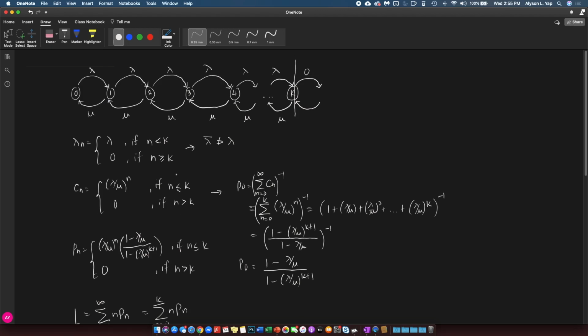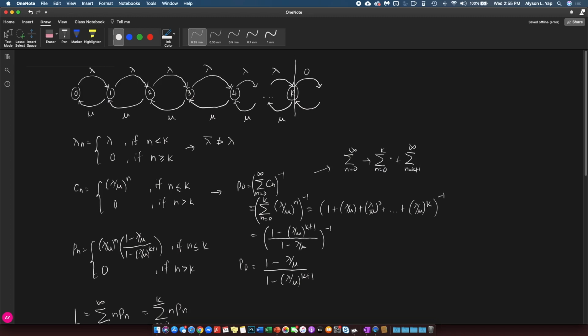Because this is your C sub n, then your P sub 0 is still this, but substituted, we will get this. The summation from n equals 0 to infinity will be divided into the summation from n equals 0 to k plus the summation from n equals k plus 1 to infinity.